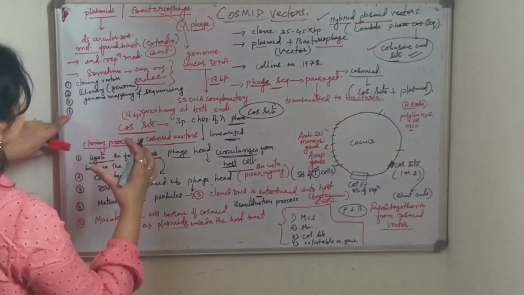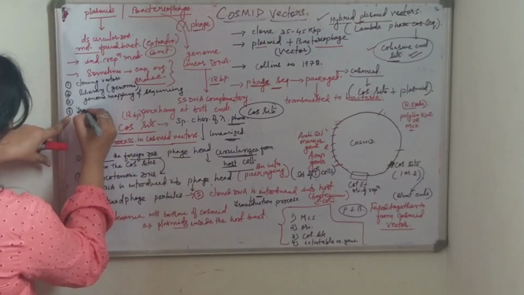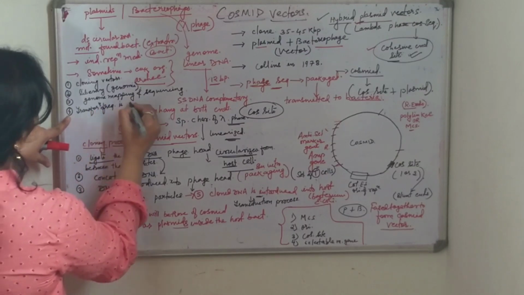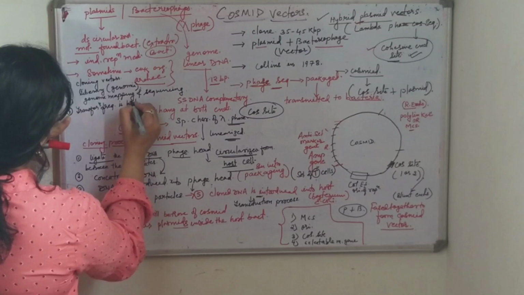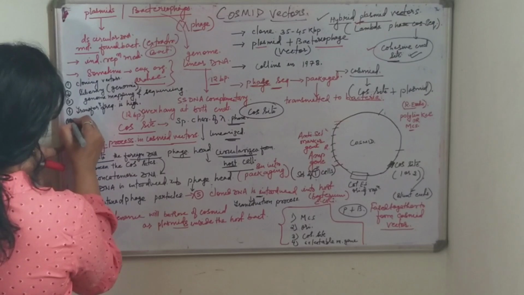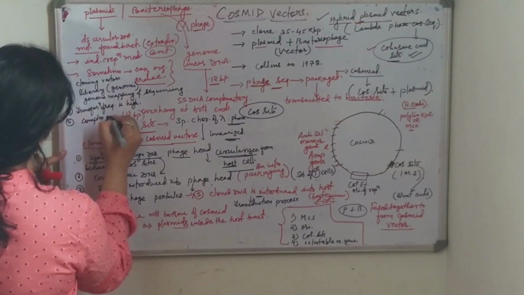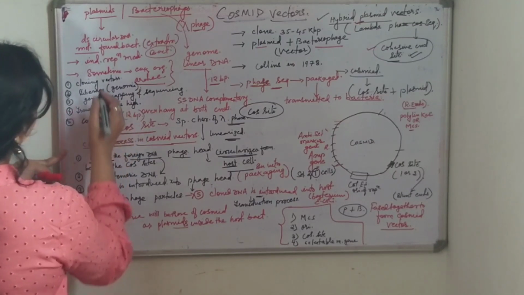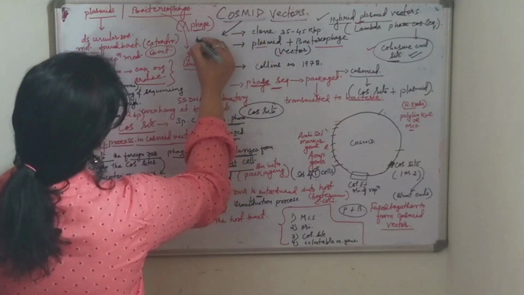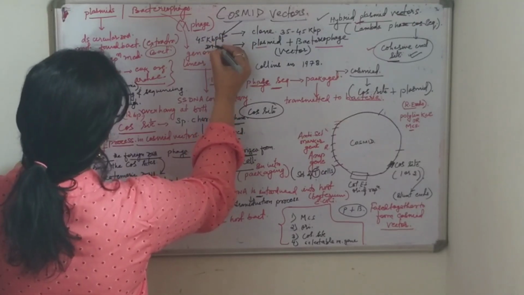These cosmids have a very high transformation frequency, which is its advantage, and it can also be used for the analysis of complex genome. And the most important thing is that these cosmid vectors can clone up to 45 kbp of DNA.